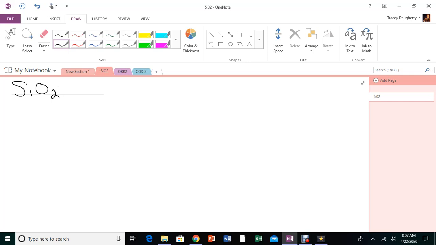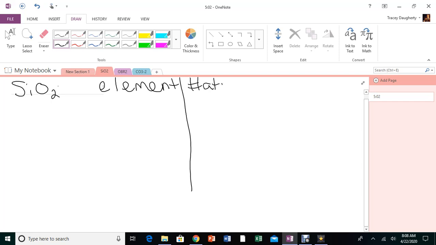The first example is SiO2. So, we're going to have your element, number of atoms, valence electrons, and your total.